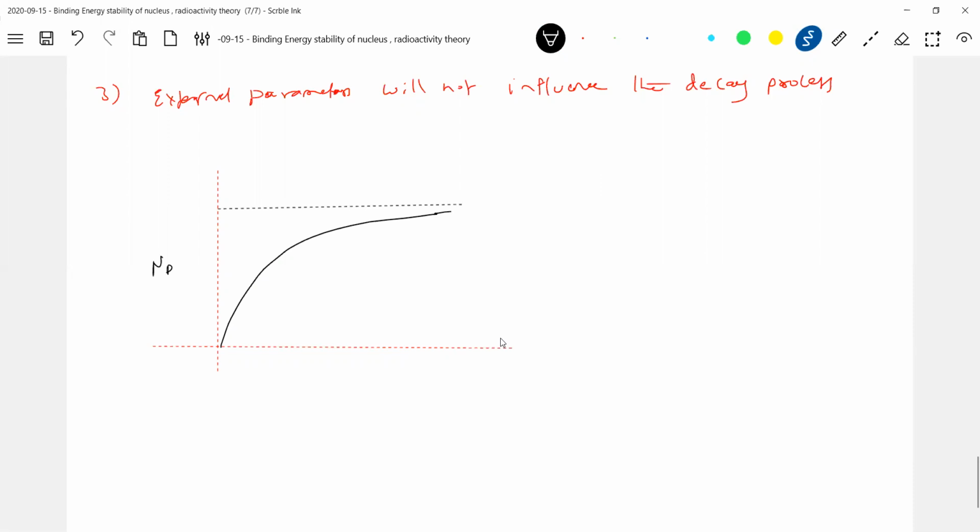So what happens to the number of decays when the whole set of atoms has undergone decay at infinity? There is a graph for the number of decays here. When this becomes equal to N naught, that is when t equals infinity. So this shows that the whole substance will never completely vanish. It takes infinite time.